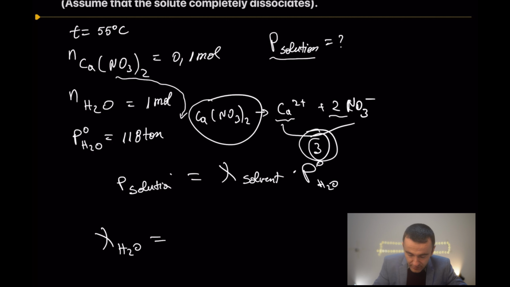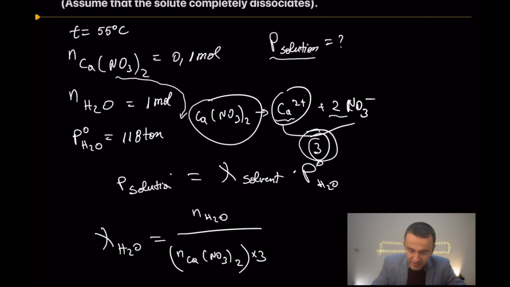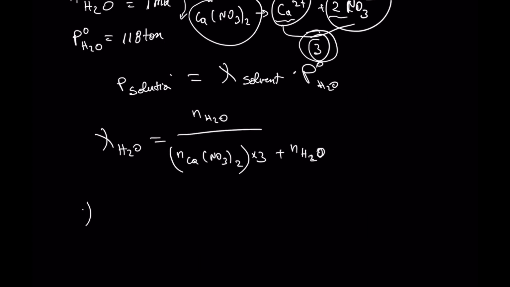What do we have? Number of moles of water divided by number of moles of the calcium nitrate multiplied by 3, because we have 3 particles, plus number of moles of water.